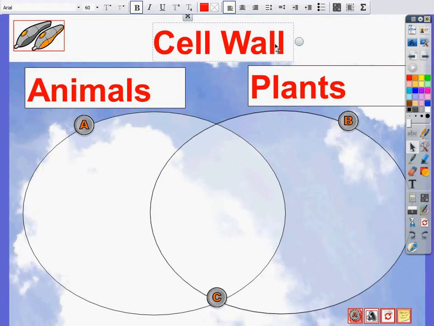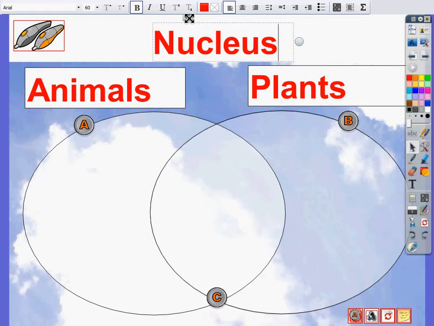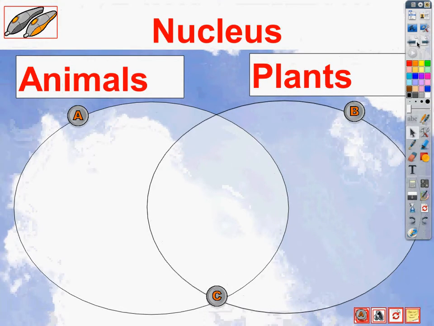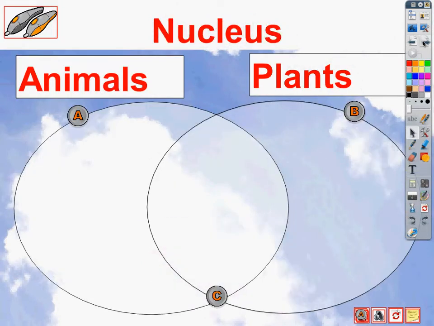So I want to edit this. Instead of saying cell wall, I'll make it say nucleus. Again, I can move that to wherever it needs to be. And I can just check it out. There's my first page, cell wall, nucleus, and then a blank page.